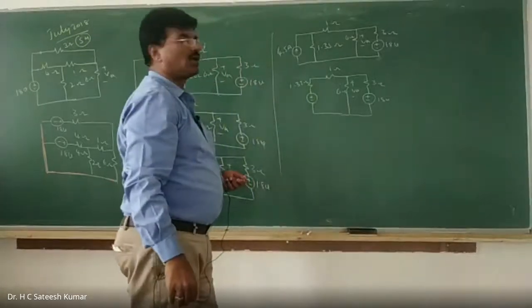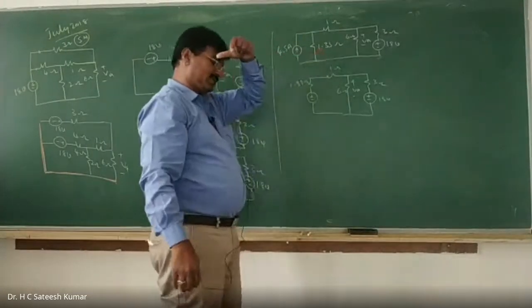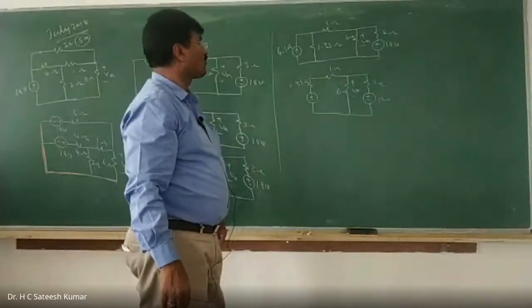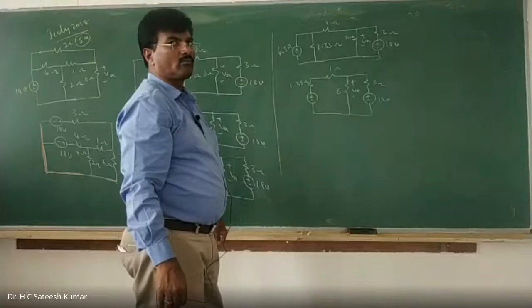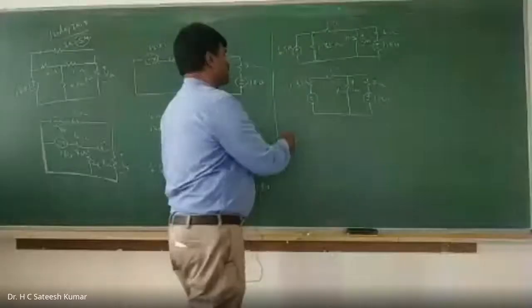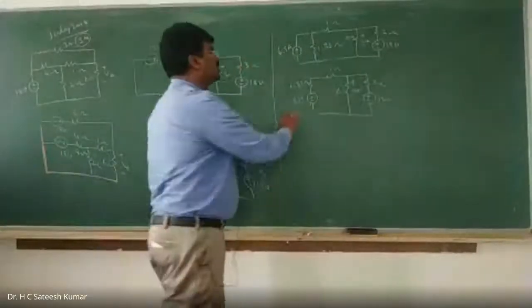V is equal to I into R, 4.5 into 1.33. So 6 volts, no? 6 volts you will get it. Okay, right? Now these two are series.